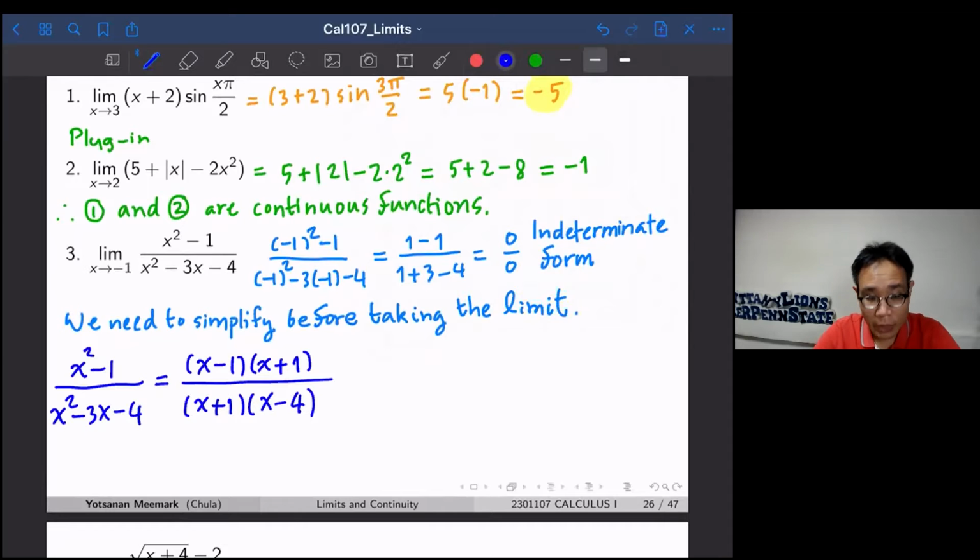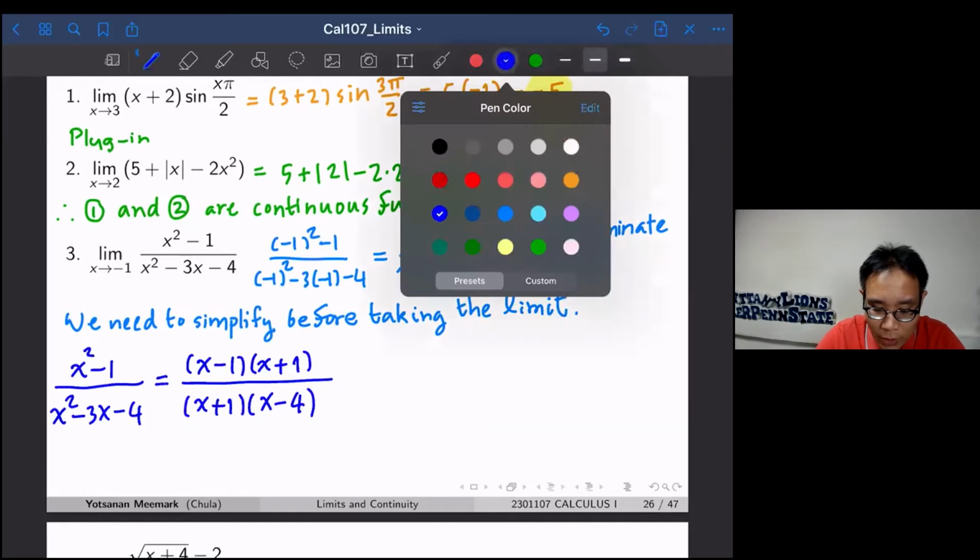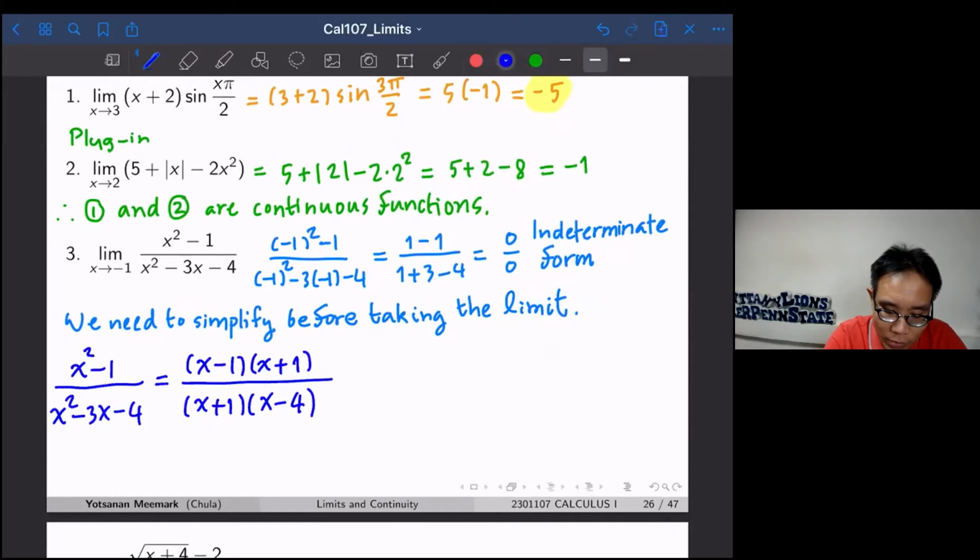You check the middle term. They are quadratics, so you just factor them. It's x plus 1, x minus 4 on the bottom, and x minus 1, x plus 1 on top. When you are taking the limit, x is not equal to negative 1, so you can get rid of x plus 1 on top and on the bottom.